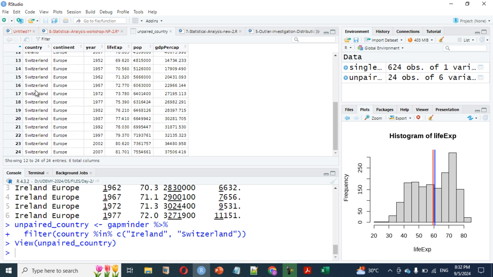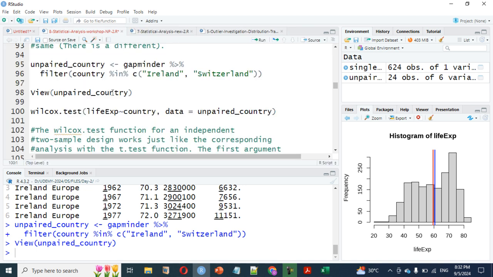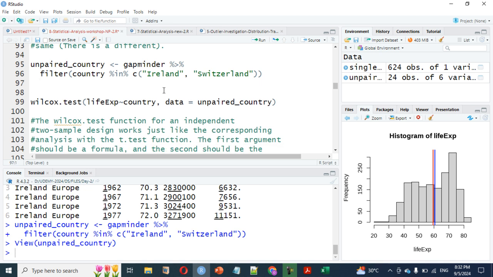It's very clear now. So just use view to see. Now we don't need that, just to view our data. You can easily view, and you can even plot, like a box plot, if you want to plot it.